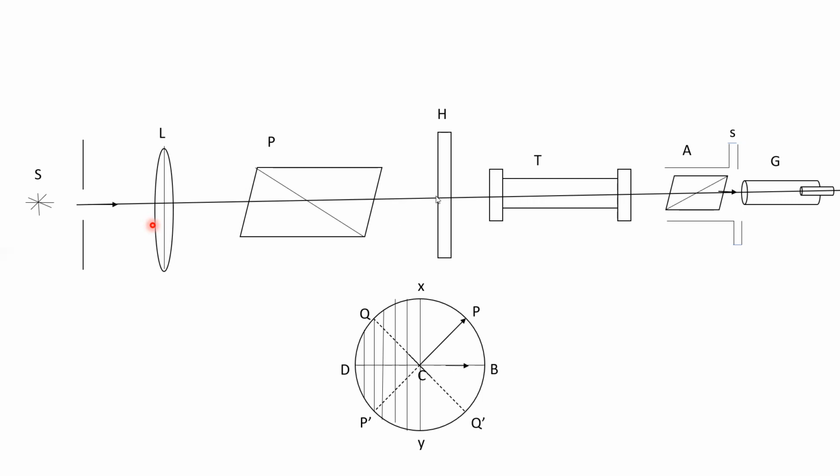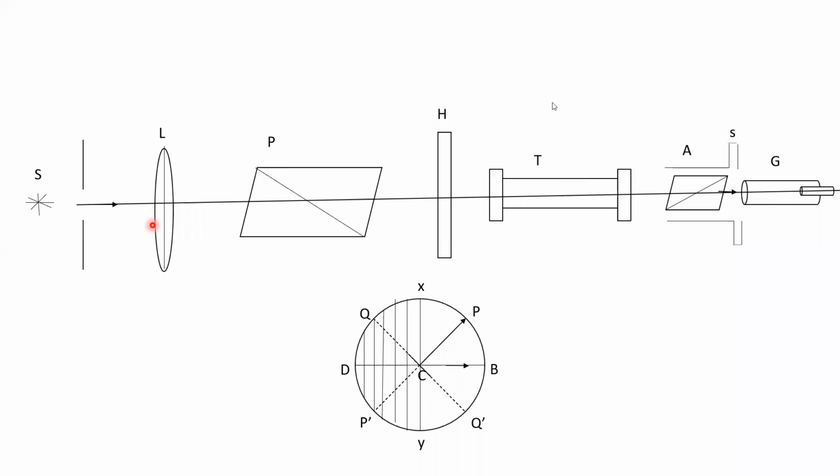The plane polarized light impinges on the half-shade polarimeter. After that, T is the tube filled with the optically active substance. That is followed by the analyzer, which is a nicol prism connected with a rotation screw scale, and finally G is the telescope of the experiment.